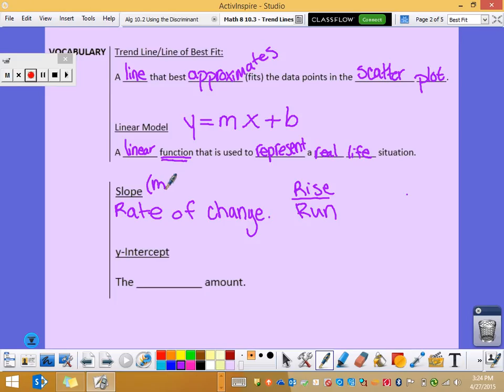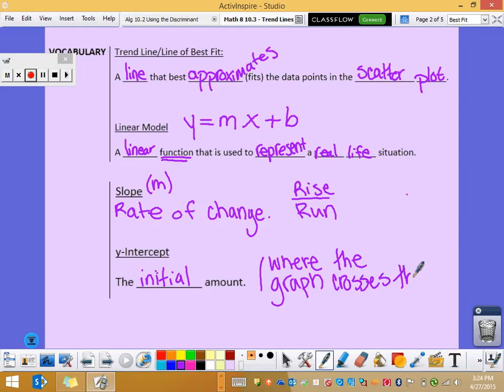And the last one is the y-intercept or the initial amount if we're talking about actual data. Where are you starting? What's your initial amount? And this is where the graph is going to cross the y-axis. You should be following along in your note packets.